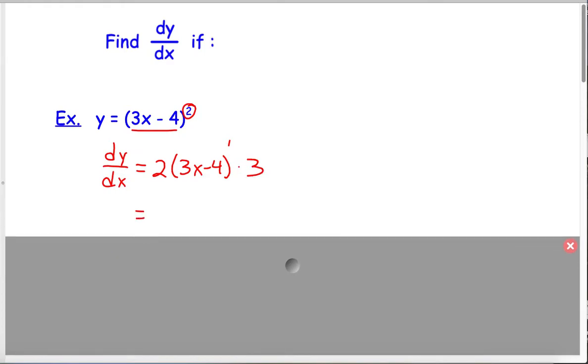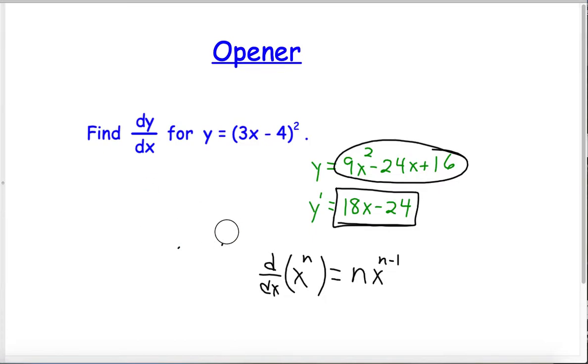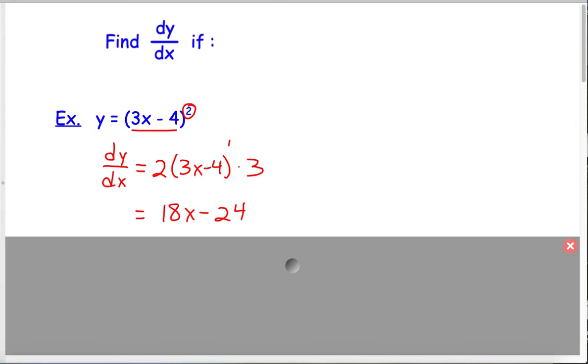So I can go ahead and multiply and distribute everything. I'm going to get 18x minus 24. Wait a minute, (3x minus 4) squared, that was our opener, and 18x minus 24 is what we got. So that's how you apply the chain rule to these types of problems.